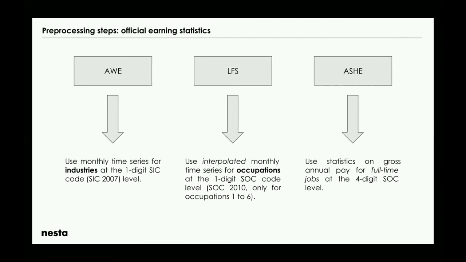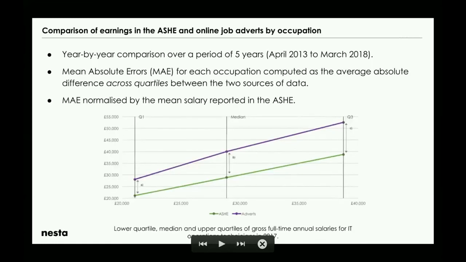Again, because job adverts only have full-time equivalent, we use gross annual pay for full-time jobs at the level of unit occupational groups, and we do a year-by-year comparison over a period of 5 years. To make this comparison as robust as possible, we took the average absolute difference across multiple quartiles between the two data sources, as shown in the figure.